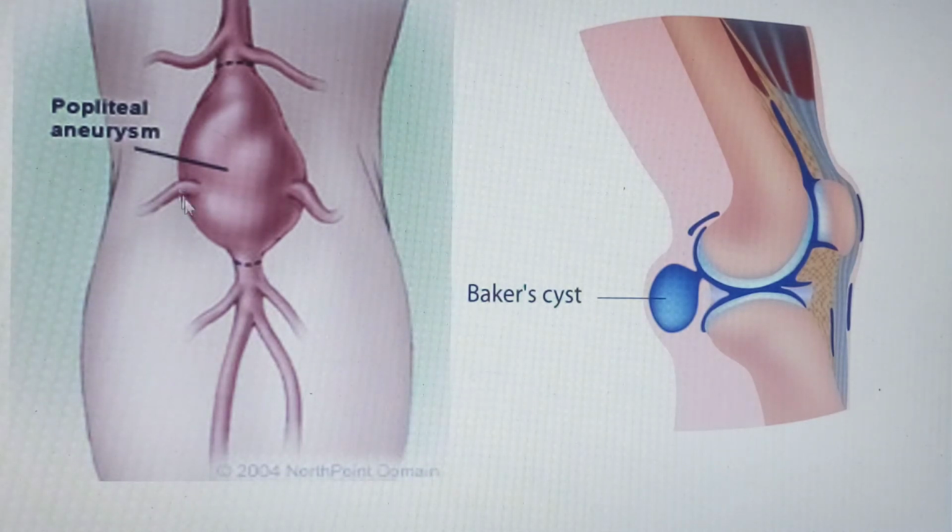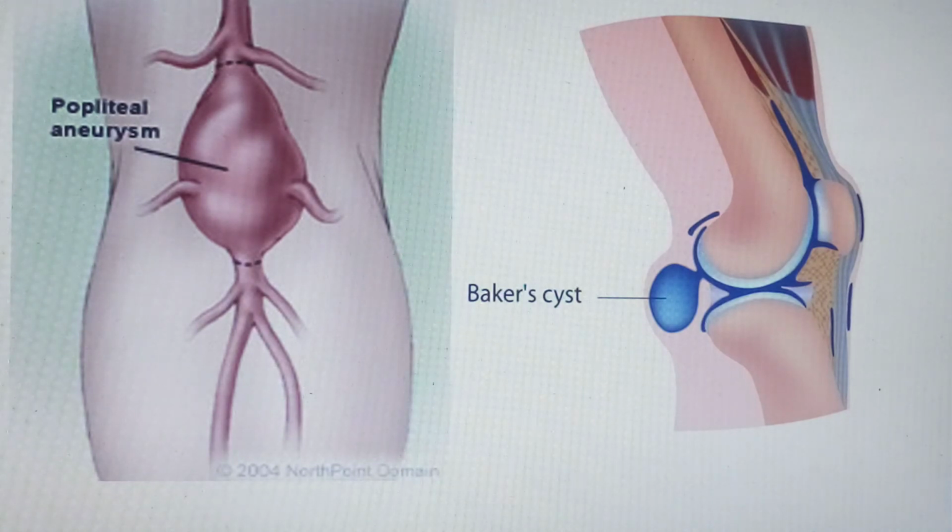The diameter could be dilated, and that's what we call popliteal aneurysm, where there is dilatation of the diameter of the popliteal artery. With this popliteal aneurysm, I told you that the fascia of the popliteal fossa is very tough and inelastic.